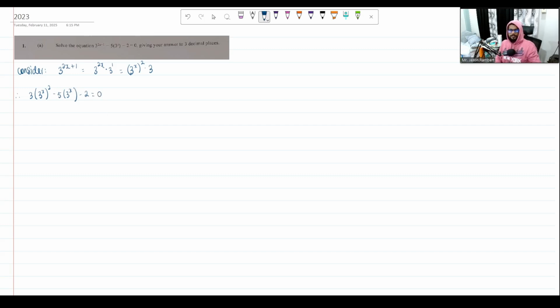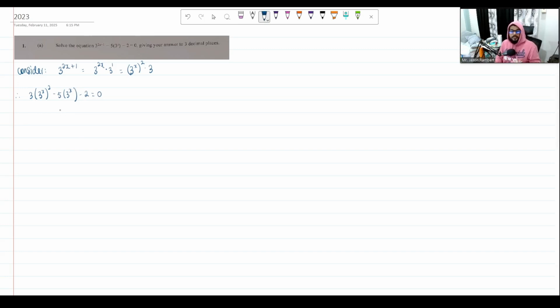Now, if you're good, you can go ahead and see the quadratic over here. This is a quadratic in terms of 3 to the power of x. You could use the quadratic formula and say, since the variable you're solving for is 3 to the power of x, it is equal to minus b plus or minus square root b squared minus 4ac all over 2a, or if you're real comfortable, you could go ahead and factorize this.